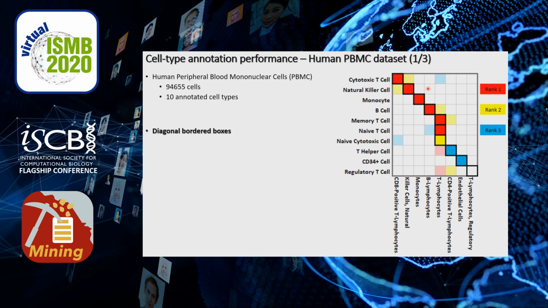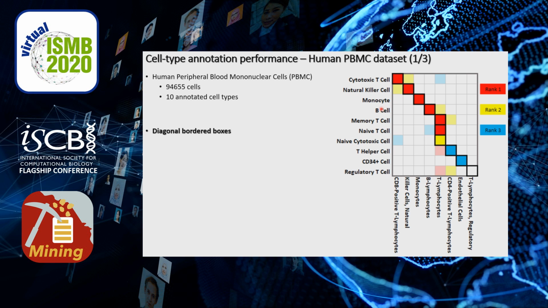This figure shows the PBMC annotation results. Along the y-axis are the reference cell types for the queries, and we show a subset of MeSH cell types as candidates along the x-axis. For each query, we use red, yellow, and blue colors to represent the first, second, and third retrieval results. And if the retrieval result is correct, we highlight it in a border box.